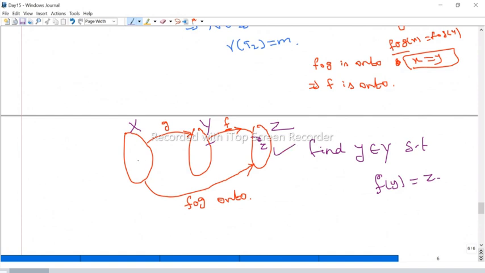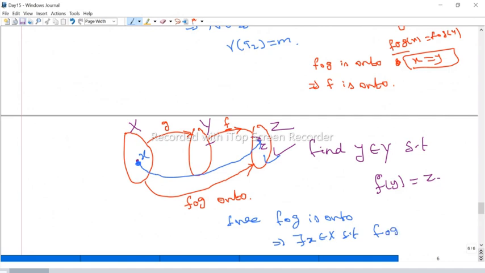Therefore, if we take any element here, we can find an element here, maybe we call that element X, such that this X maps to this Z. That is, since F composition G is onto, there exists an X in X such that F composition G of X is Z. But we need F of Y. We have to find Y.